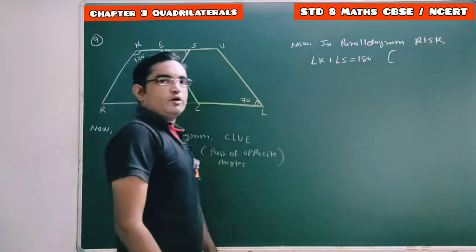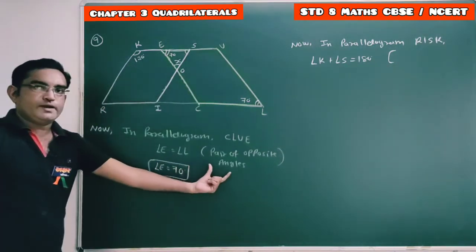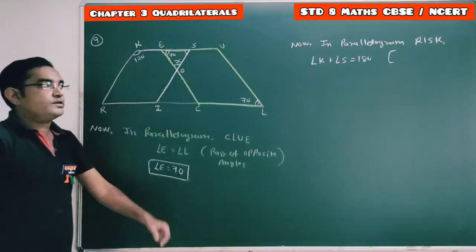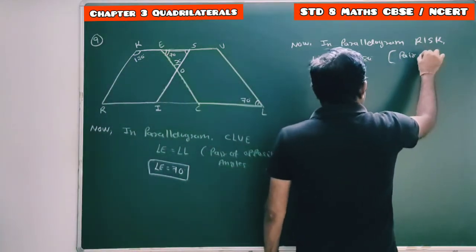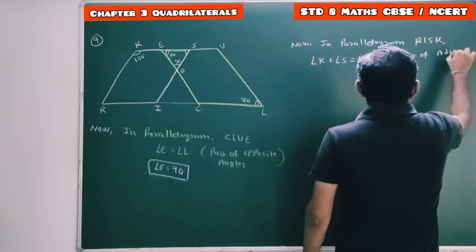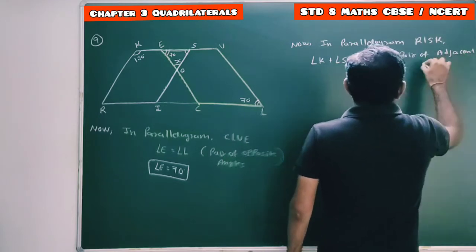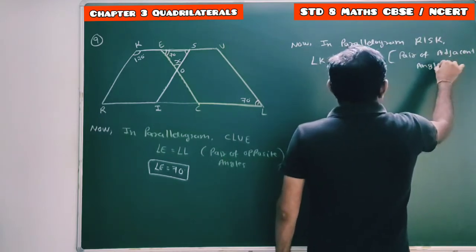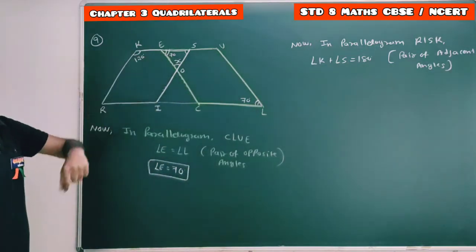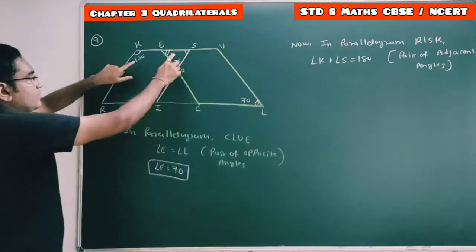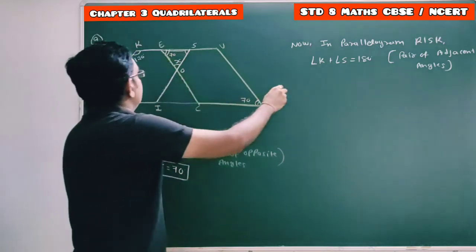Two properties of parallelogram are there. Pair of opposite angles are equal and pair of adjacent angles are supplementary angles. These are the pair of adjacent angles. Adjacent angles are always supplementary angles. So sum of measure of these two angles will be 180 degrees.